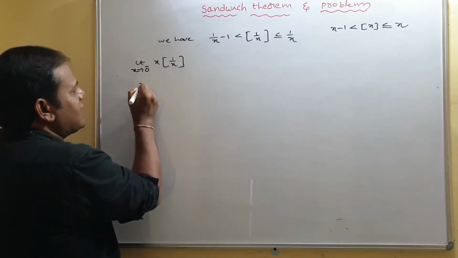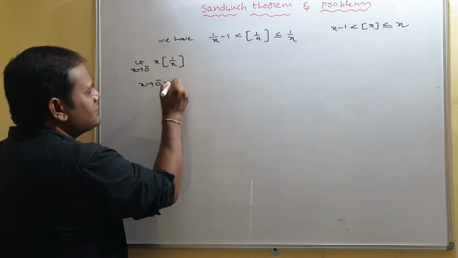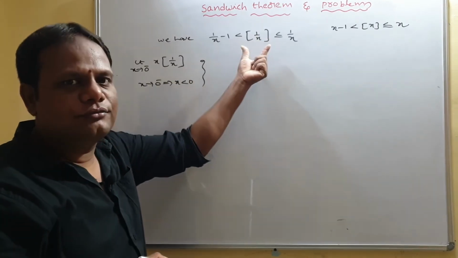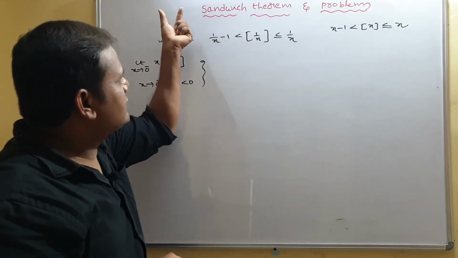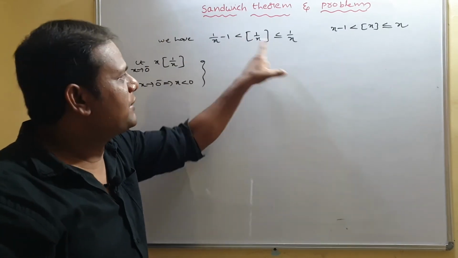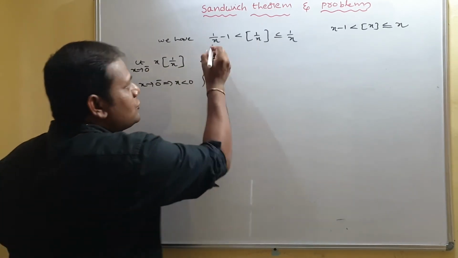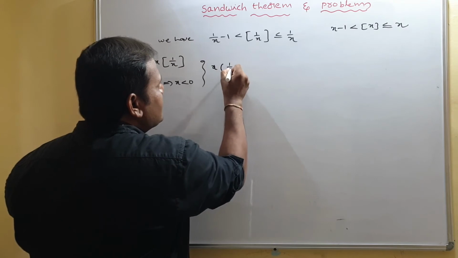So here x tends to 0 minus means x less than 0. So again here you have to put the required function at middle. So you should multiply with x again. So here x is negative. So if you multiply with x, the inequality sign changes.